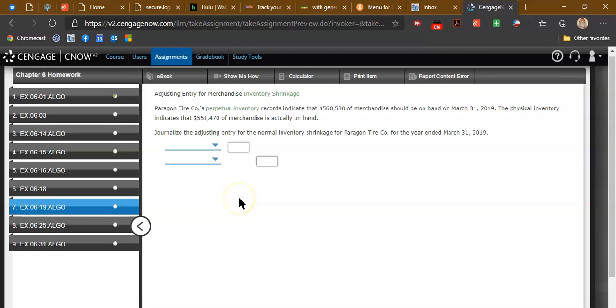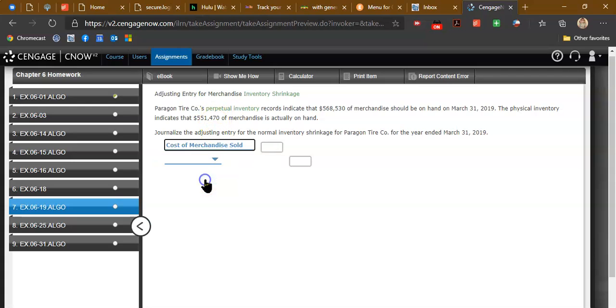Now, this is the shrinkage. I mentioned that earlier in the video. The shrinkage, as we said, was intended to correct merchandise inventory to match the actual physical count. So in this case, our records indicate this amount right here should be on hand. Our physical count is this. So all we do is find the difference.